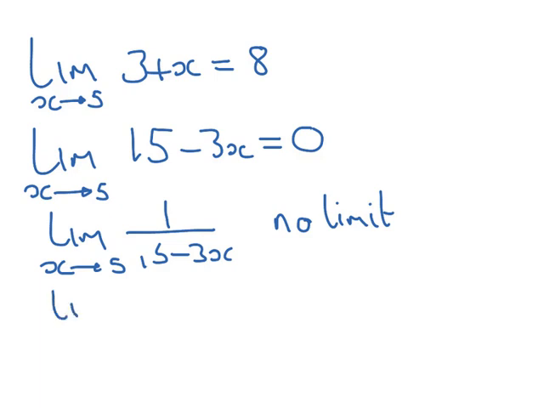Then we've got the limit as x tends to infinity of 5 over x, and because we've got 5 divided by an increasingly large number, that gets closer and closer to 0.